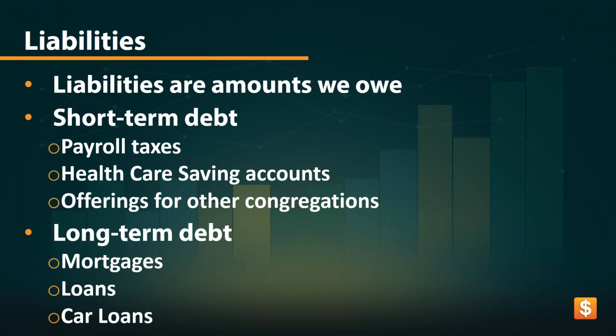So long-term debts are going to be things that stretch out over several years. And basically, you'll use the liabilities to track money that is owed to somebody. It could be as simple as payroll taxes, or it could be mortgages. And then basically, you'll compare your assets versus your liabilities to get a picture of the financial health of the congregation.